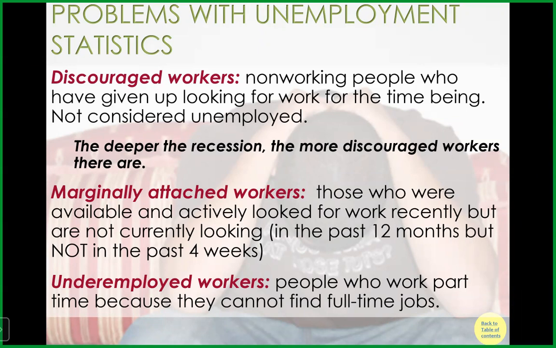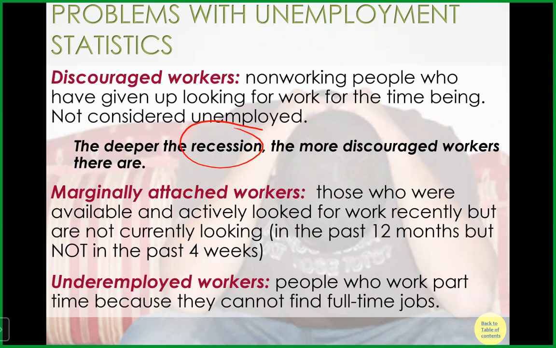If you have been looking for a job for 4 weeks, and then you're not classified as unemployed. But anyway, that's classified as discouraged, right? And usually this discouraged worker becomes more abundant when the recession becomes deep. Why is that? It's because you feel hopeless. Does it make sense? Okay.